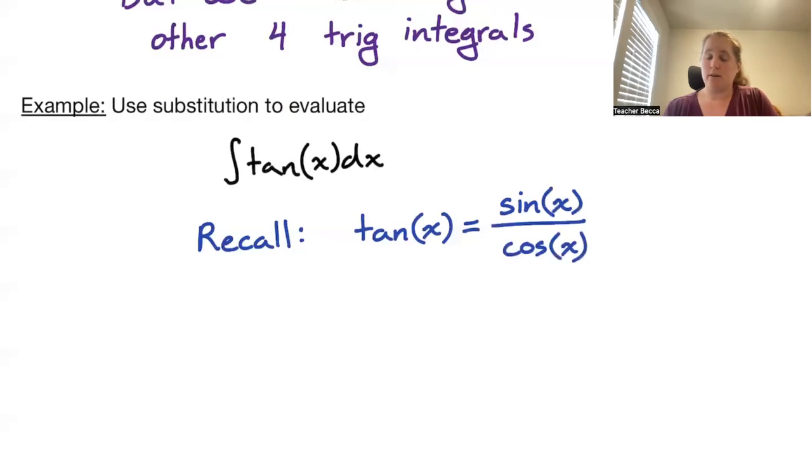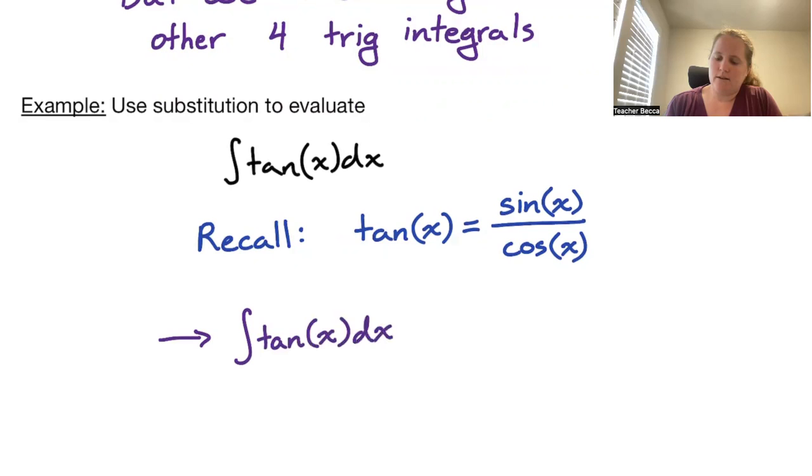So we can rewrite our integral using this format. The integral of tangent of x dx is the same thing as taking the integral of sine of x over cosine of x dx.